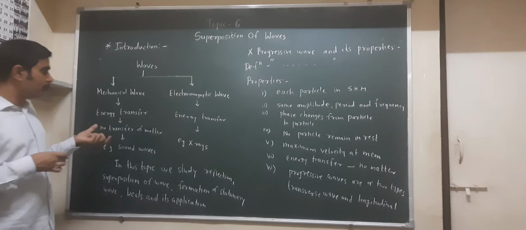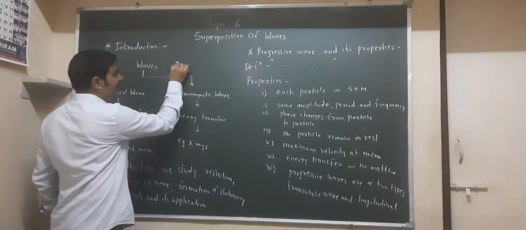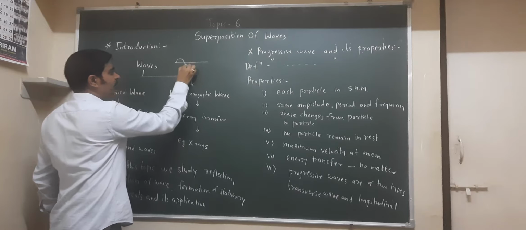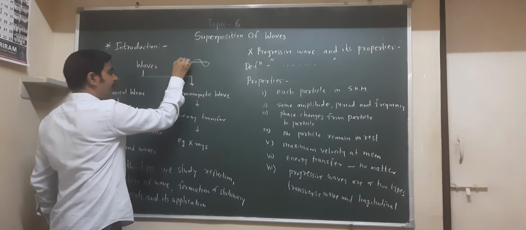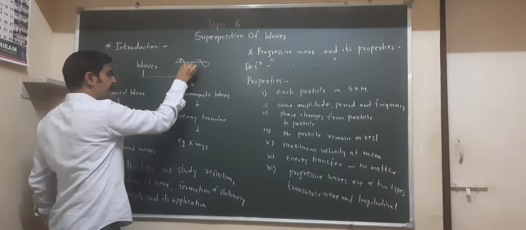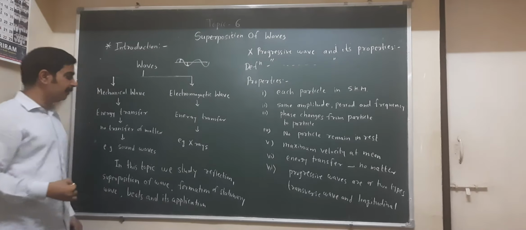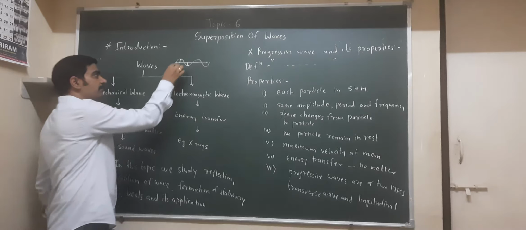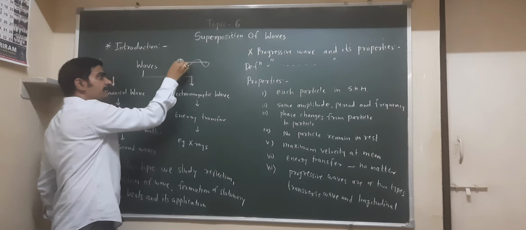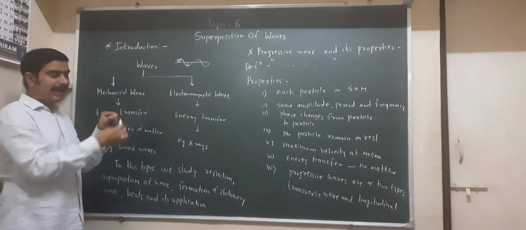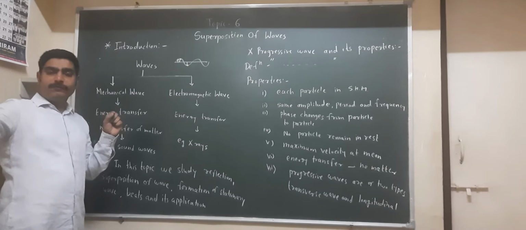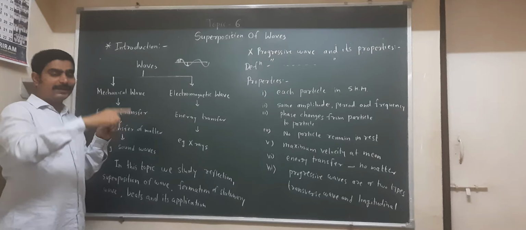If we drop a stone in the water, it will generally be in the form of a wave. Here the particle will vibrate in the upward direction, and at the same time the particle will be vibrating in the downward direction. Here the particle does not change its position. The particle will remain at the same position, but if we look, we can observe that the particle is moving.